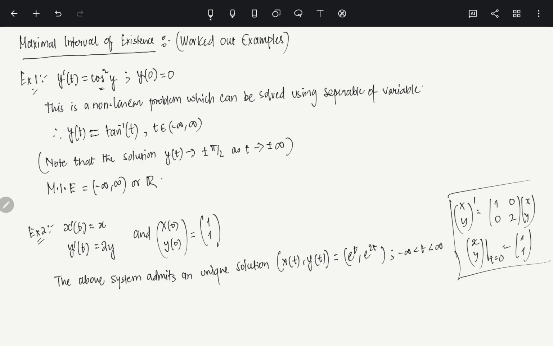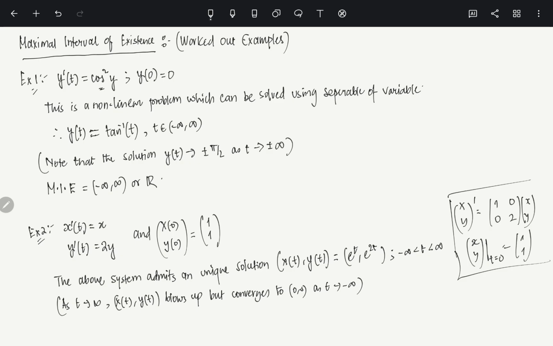So in this case, of course you can see that as t tends to infinity, (x(t), y(t)), the solution that is here, blows up, but converges to (0, 0) as t tends to minus infinity. Yes, this is a very simple observation.